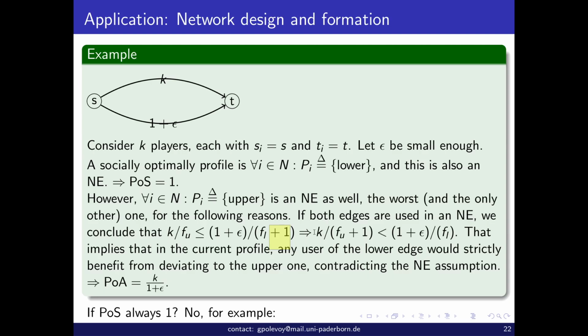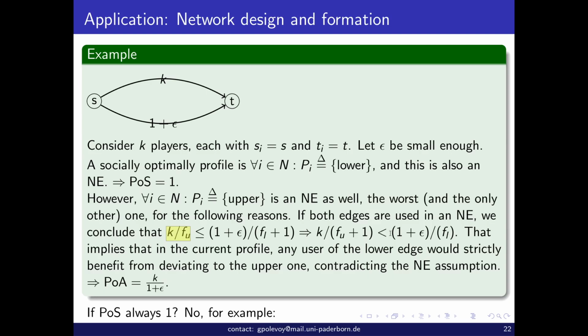And therefore, this condition of equilibrium is only part of the condition, of course, because another condition is that the users of the lower edge don't want to deviate. But already that condition implies that k divided by fu plus 1 — so I make the denominator larger, and therefore the whole expression becomes smaller.